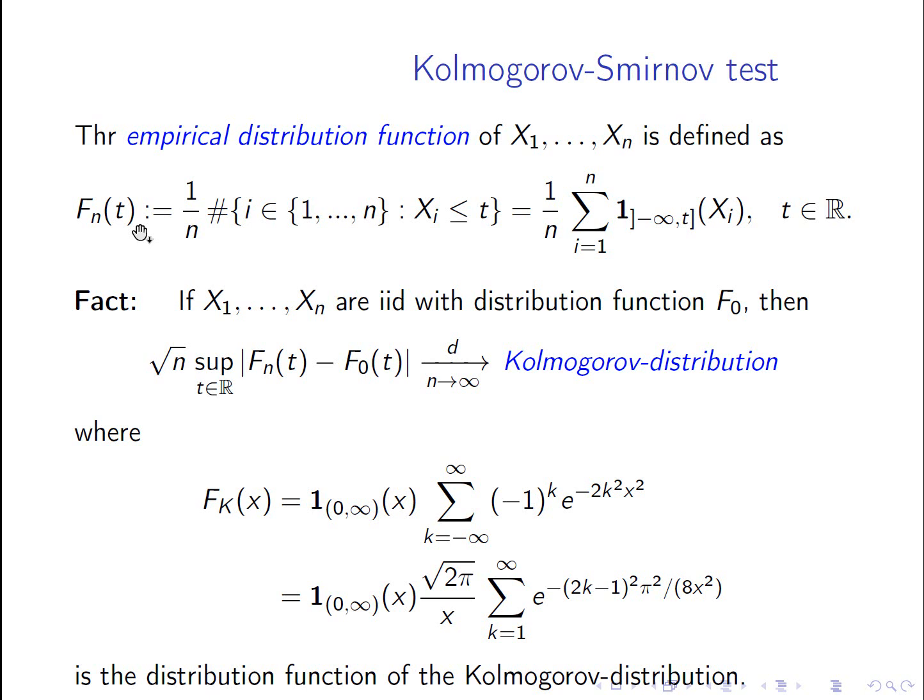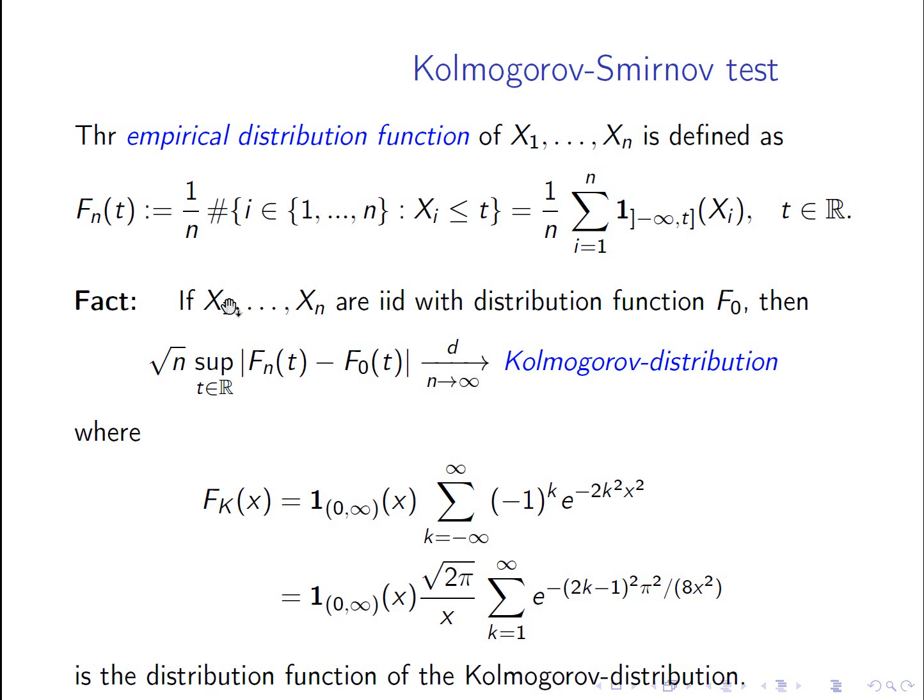If X1 up to Xn are really IID with distribution function F0, for testing this is not enough. We also need a certain limit theorem for the distribution. And here we have the following fact, which goes back to Kolmogorov and Smirnov.